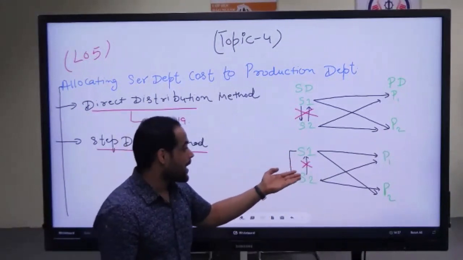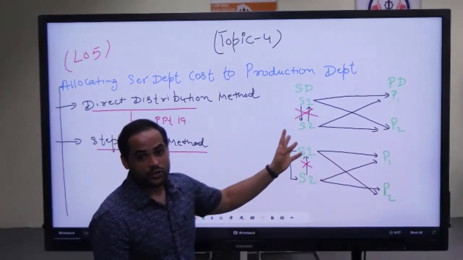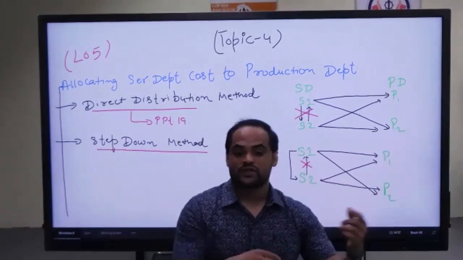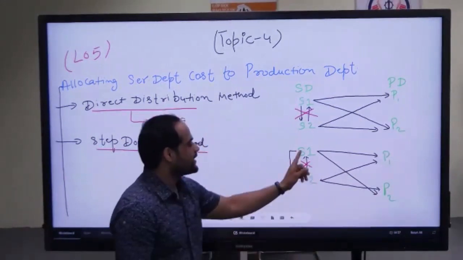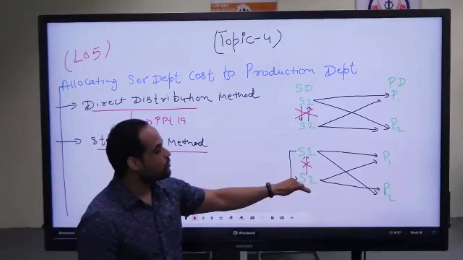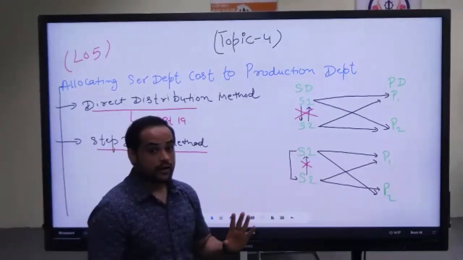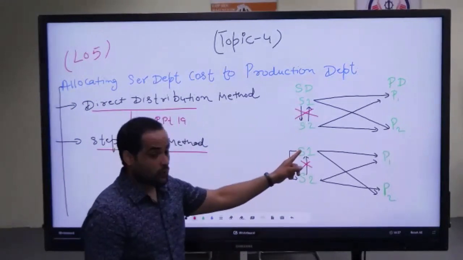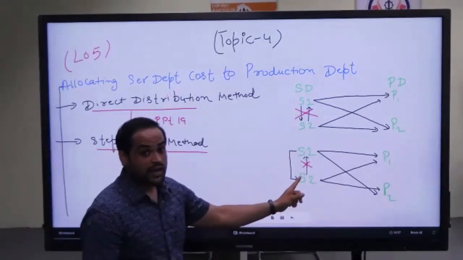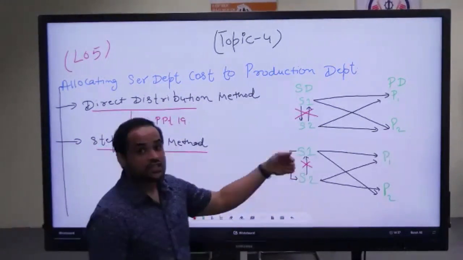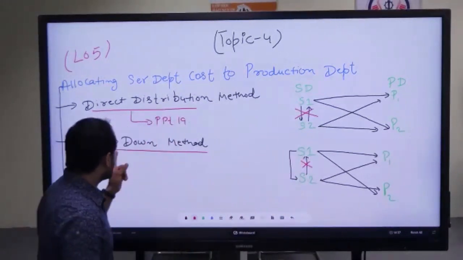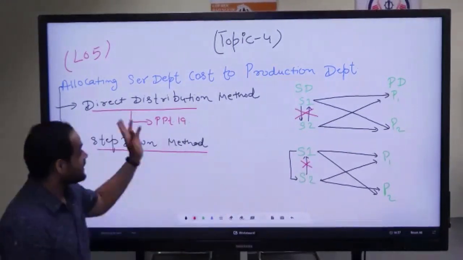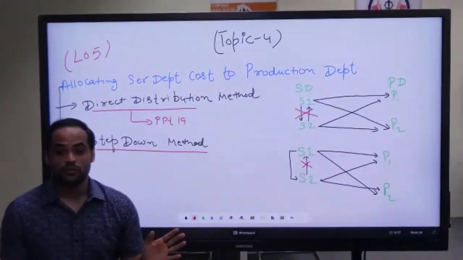But the marketing department technically does not provide any kind of services to the human resource department. So there is no transfer of service from S2 to S1. But remember, if S1 provides service to S2 and S2 provides services to S1, then the step down method will not apply. And of course, the direct distribution method will not apply either.